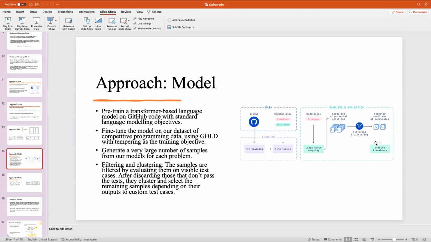The filtering is just running all the samples on the visible test cases, which are given in the problem description. And this step actually filters about 99% of the samples. So after the filtering, there's only about 1,000 samples left. For those samples, they use some clustering technique to cluster them. And they pick one solution from each cluster and submit the 10 solutions to the code contest.